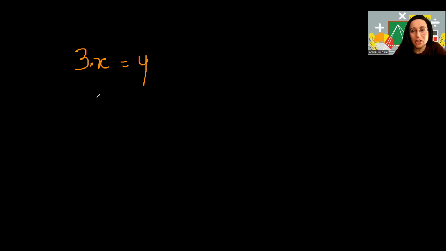You don't write the multiplication sign. You use the coefficient and the variable to make a term, okay? In this case, 3 times x is y. So you're going to divide by 3 on both sides, okay? And x will equal y over 3. You've reversed. Multiplication and division are inverse operations.